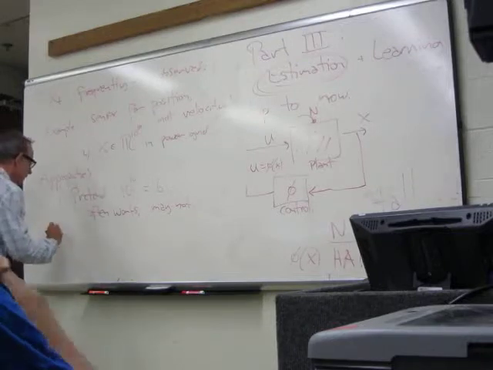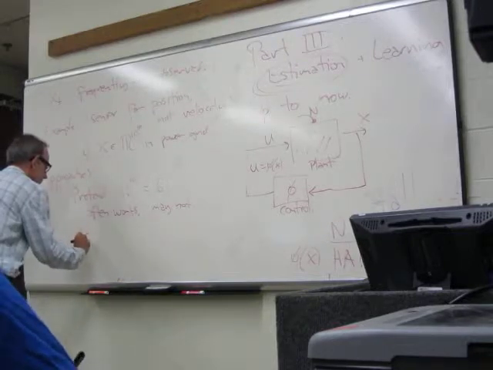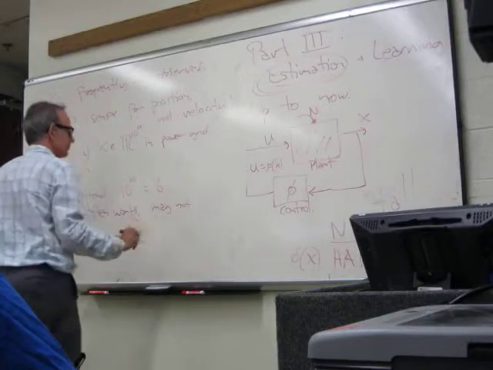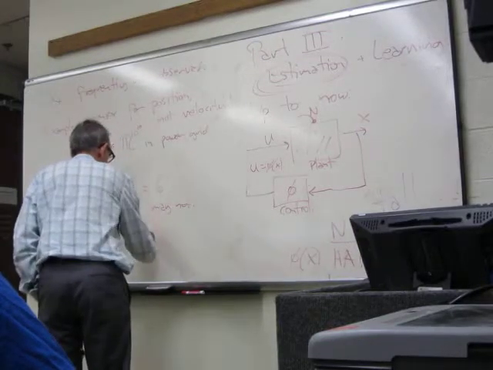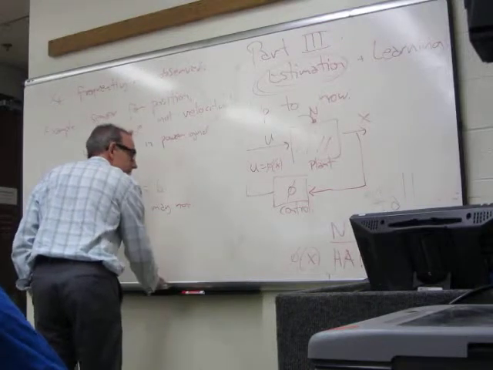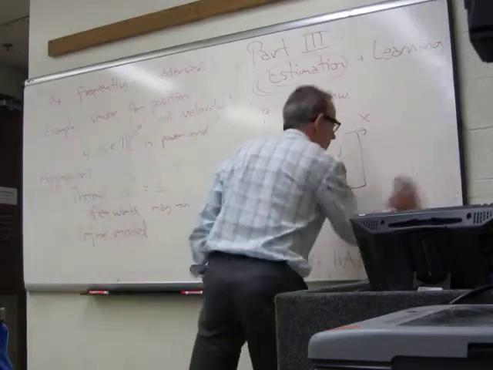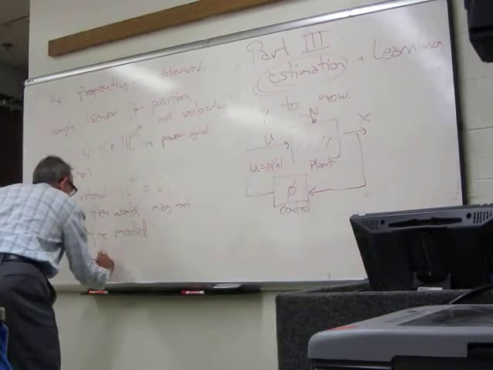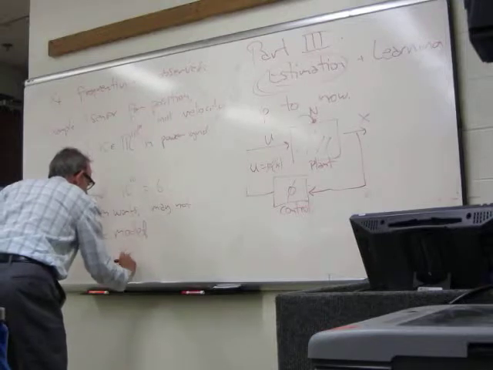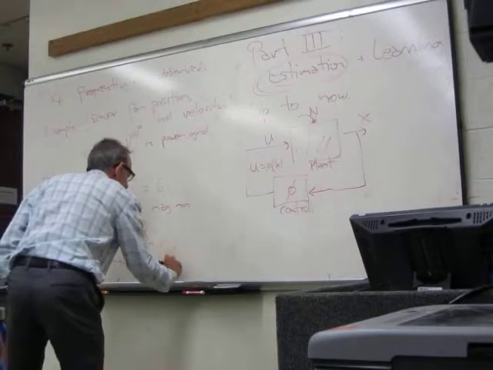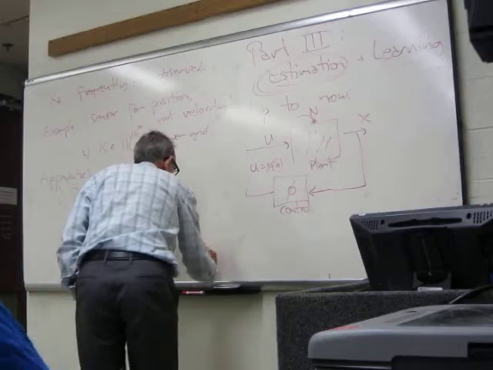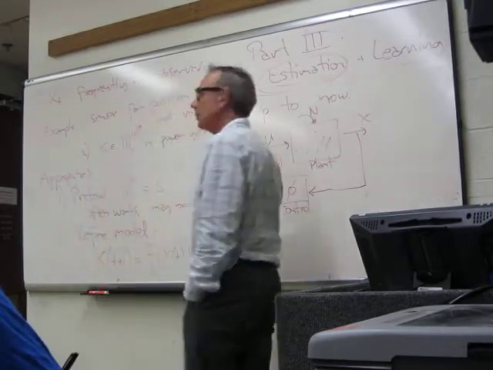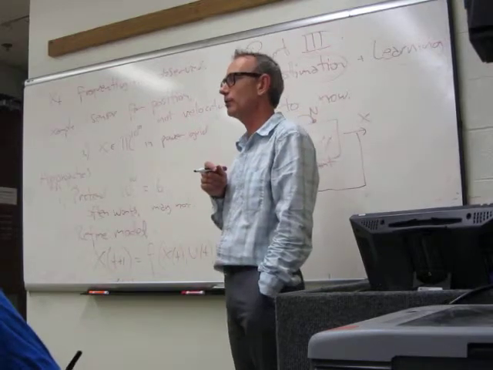But two is refine the model. So I'll keep with my original x of t plus 1 equals some function of the past state, the input and the noise. We're assuming we got this from physics or through some experiment of some sort.